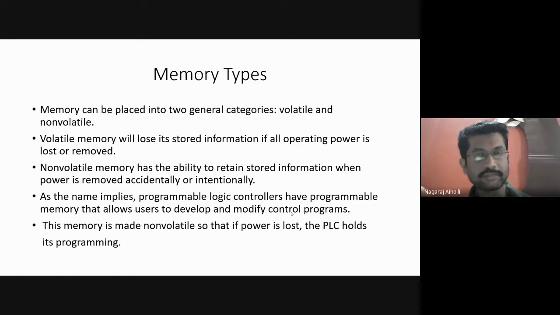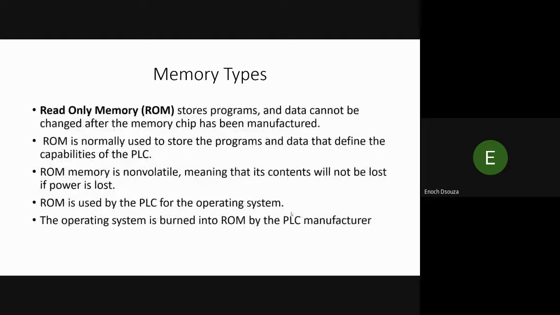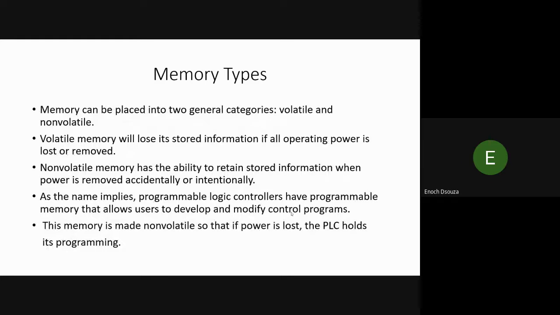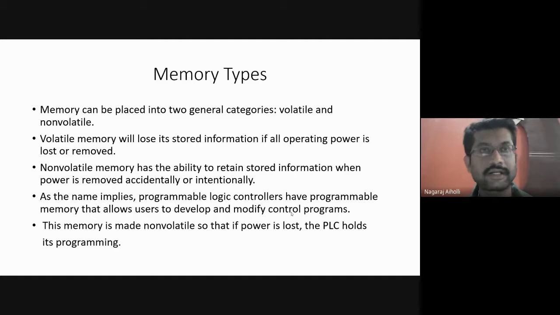Even after the power supply is turned off, if the data is retained and not lost, then such types of memory are called non-volatile memory. So RAM and ROM, is it? RAM is volatile memory. Yes, RAM is volatile, correct. ROM is non-volatile.